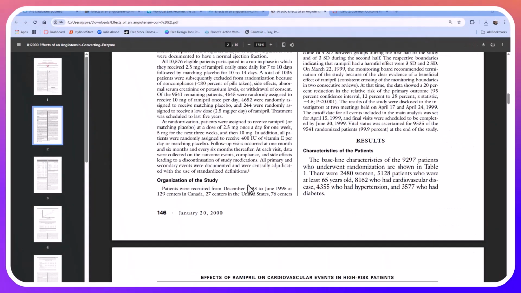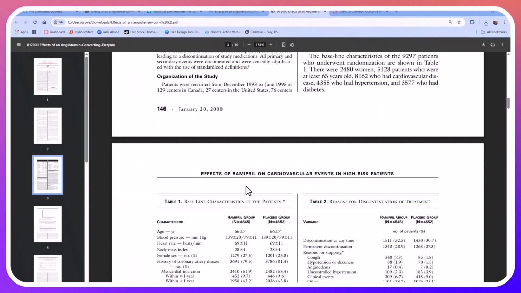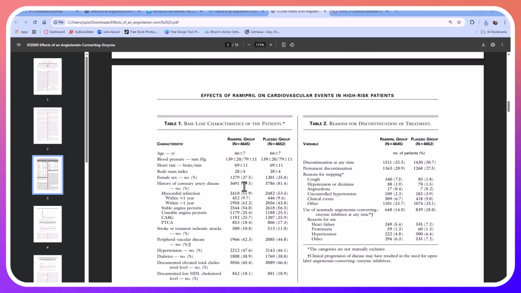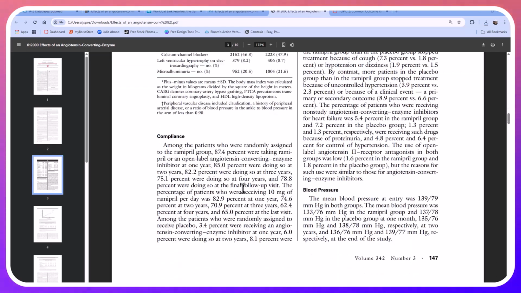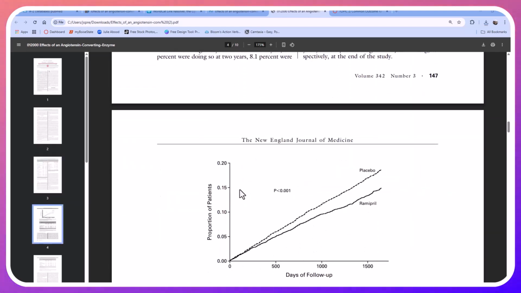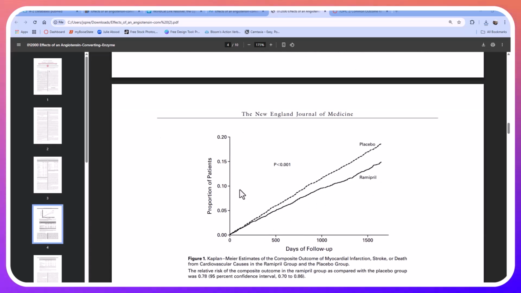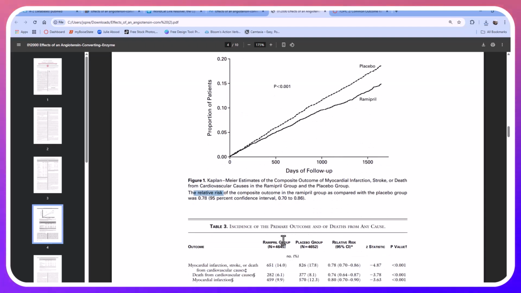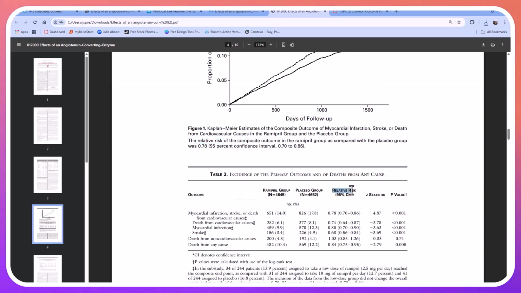Here's our results in our baseline characteristics table. Our first figure represents the relative risk. In table 3, we also see relative risk.